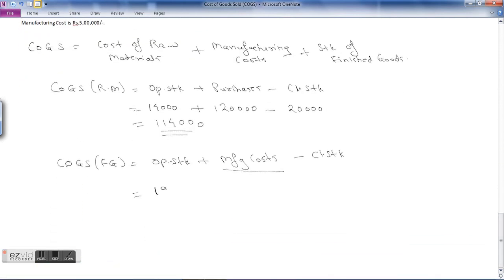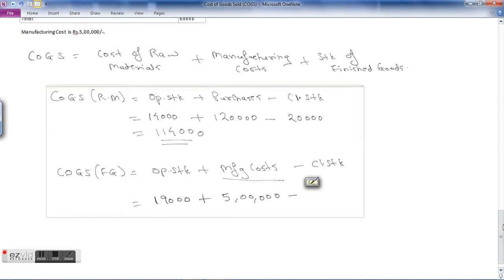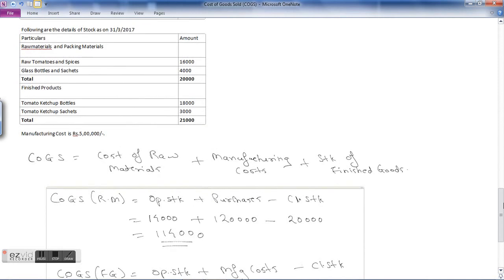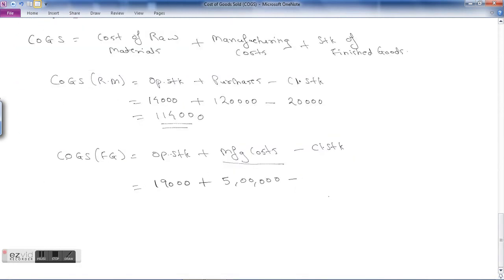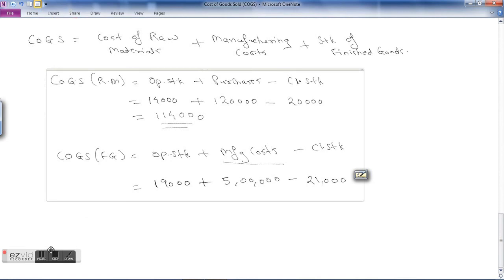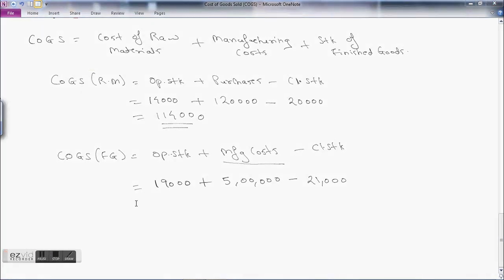So opening stock is 19,000 plus manufacturing cost. It's given manufacturing cost is rupees 5 lakh. So 5 lakh minus closing stock. Closing stock comes to how much? 21,000. Okay, so 19,000 plus 5 lakh minus 21,000 comes to 4,98,000.